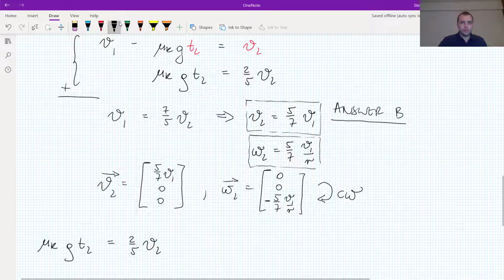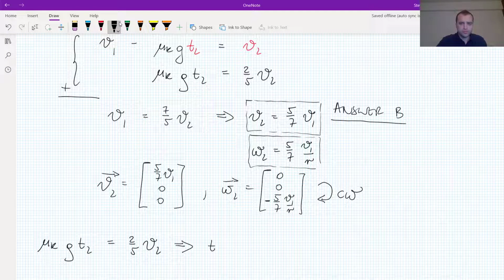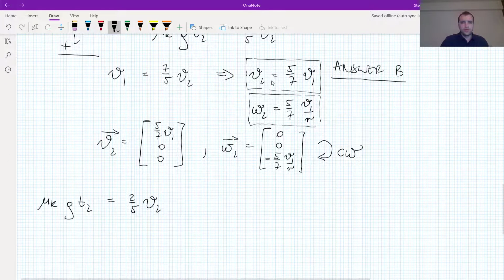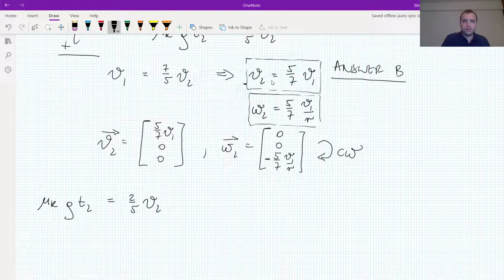And from here you can see that our T2 is equal to 2 divided by 5. Actually, you know what, maybe before doing that, let's plug in V2 in here. Let's plug in our finding here.